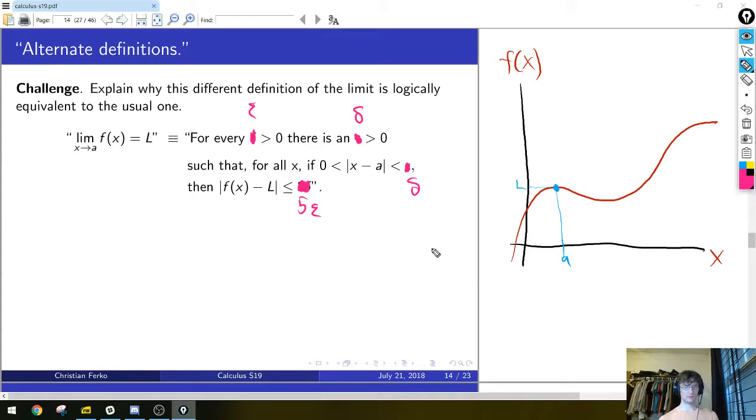This statement is acting as a restriction on the domain, right? Yeah, this is picking out a subset of the domain from, say, a minus delta to a plus delta.